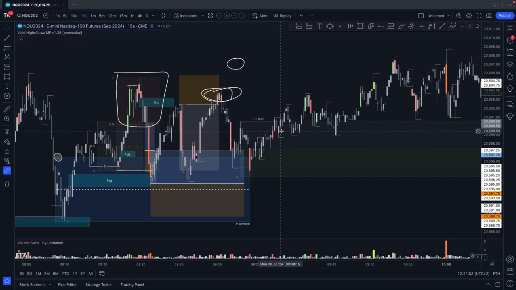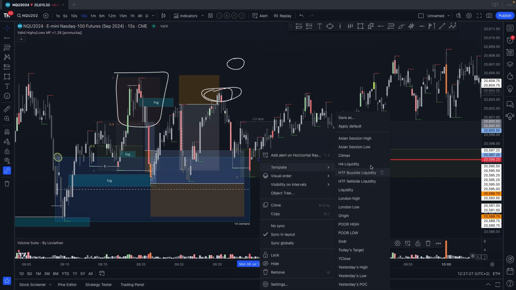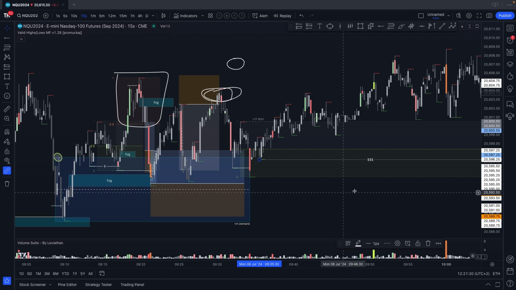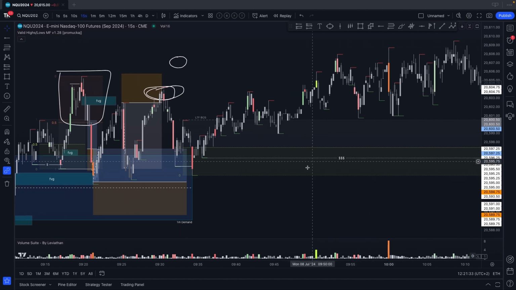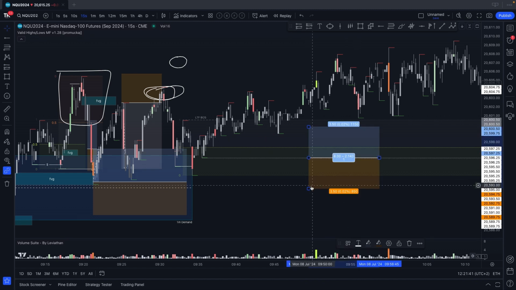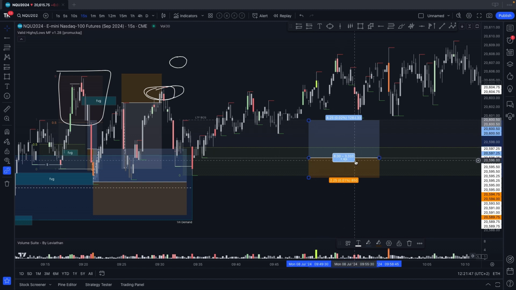What we can look to do in a zone like this is just take the odds in our favor. So for example, enter here. Why? Because it's the last liquidity inside the discount zone. So if this is our trade, it will be a good 1 to 1.9.